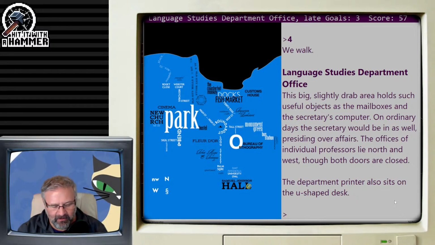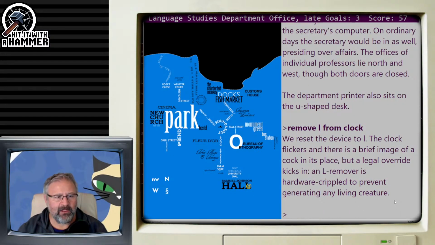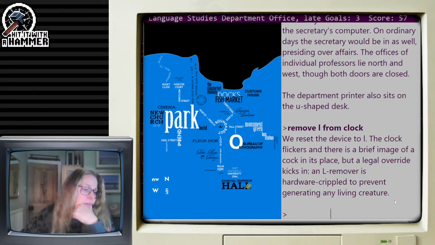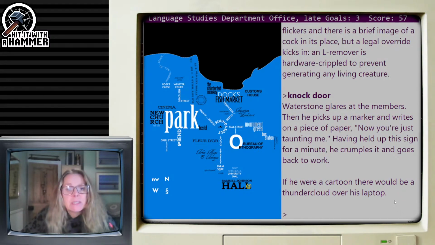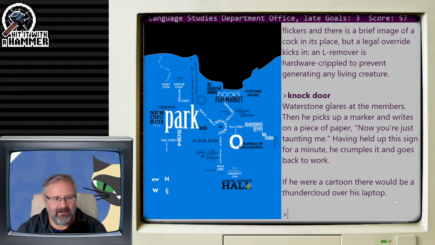We now have a clock. Remove L from clock. Brief image of a cock, legal override. Now you're just taunting me on a piece of paper.